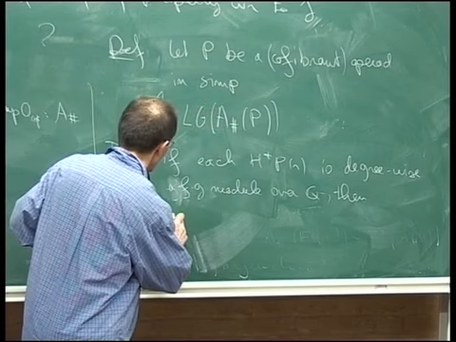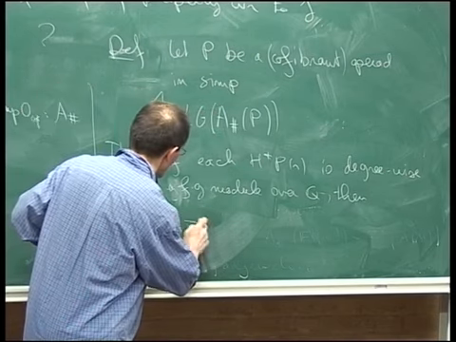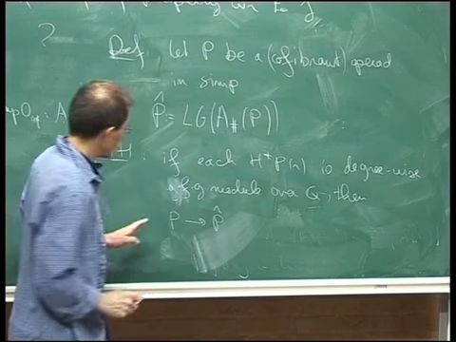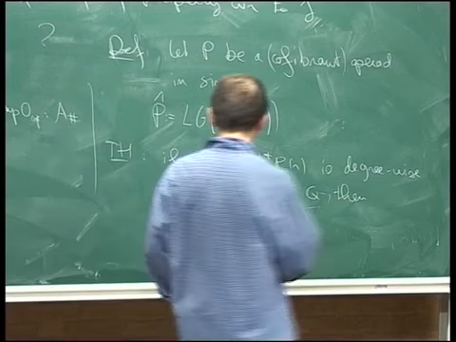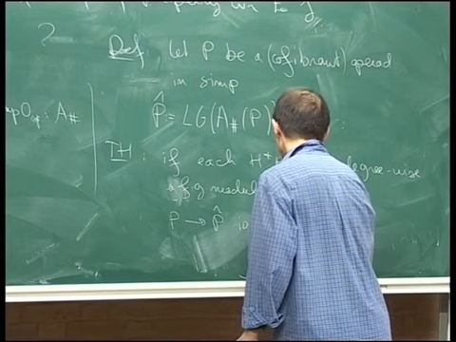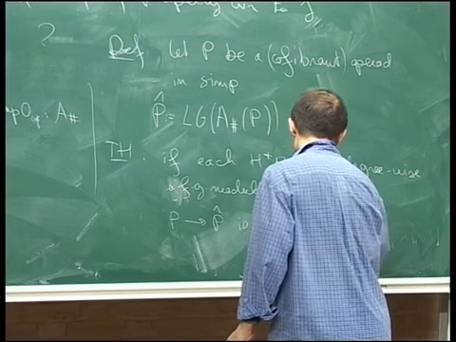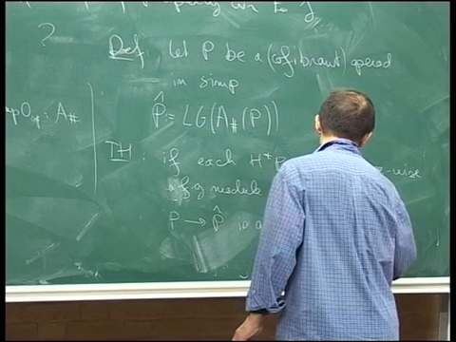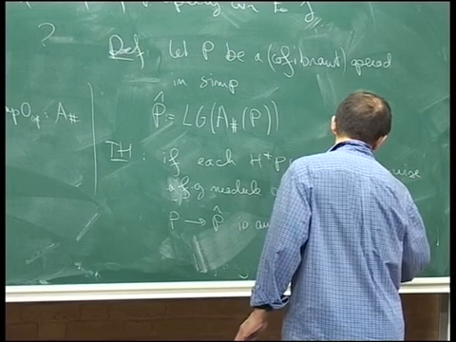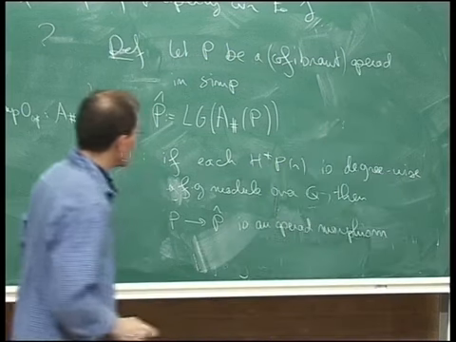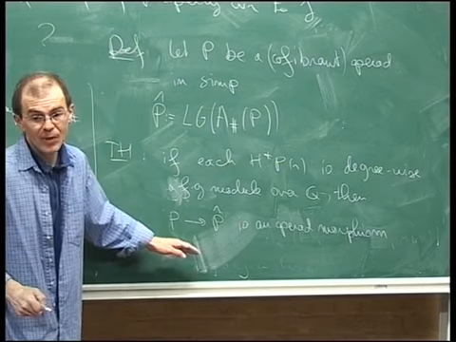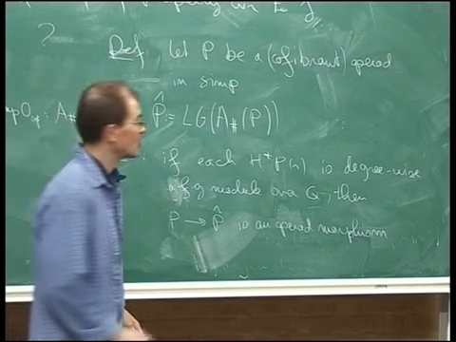This means that you have an operad morphism from P to P hat, which is a rationalization of spaces in the Sullivan sense, arity-wise.